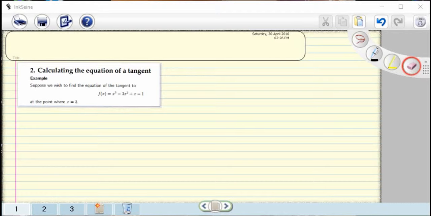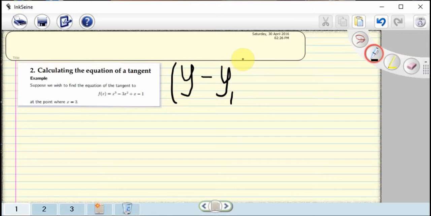Today we're looking at calculating the equation of a tangent, and I want you to recall with me that the equation of a tangent can be found by substituting values for y minus y1.